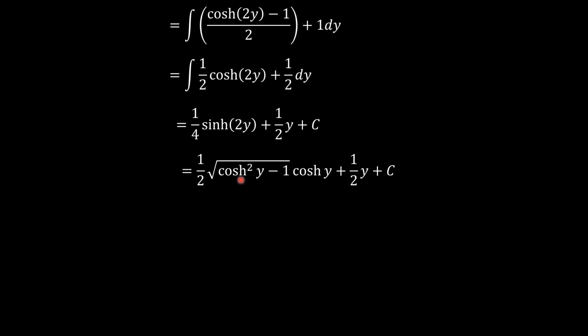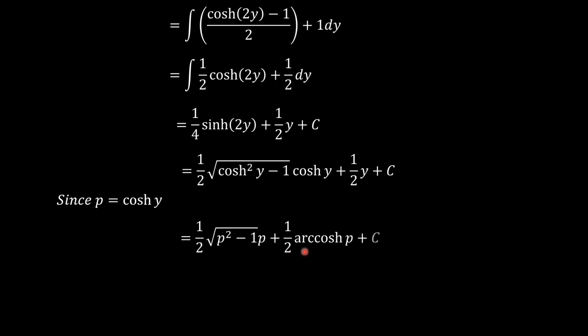And so we can go ahead and say, since we had said that p is equal to the hyperbolic cosine of y, it means that now here we have half square root of p squared minus 1 times p plus half the arc hyperbolic cosine of p plus c.